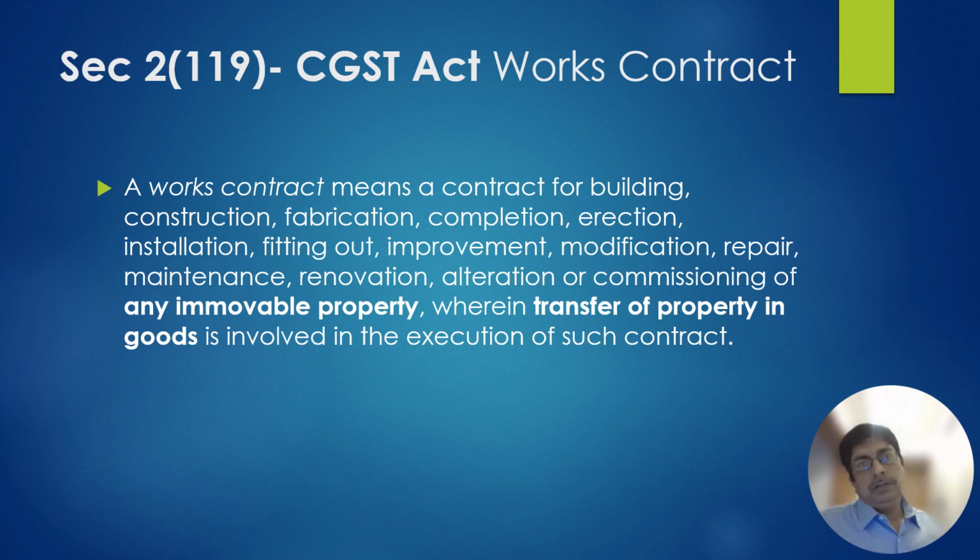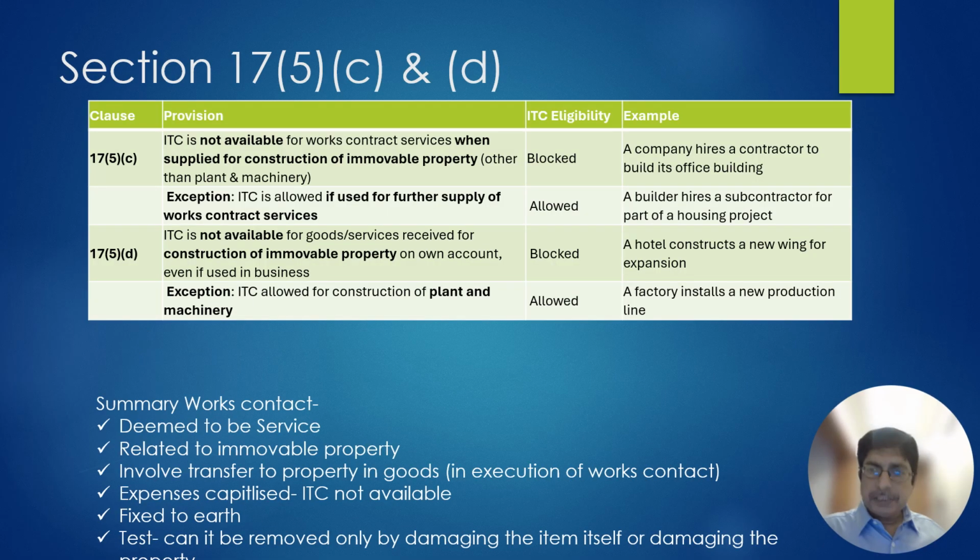Now, there is one more concept of works contract in GST. Works contract in GST is defined in section 2 clause 119. I will discuss certain summary points of the works contract.